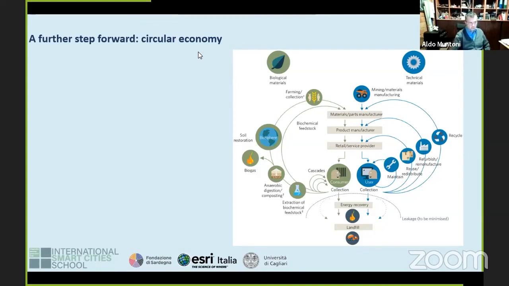So not small composters, but bigger composters, which may be used for big buildings. But I mean, it depends on the characteristics of the buildings and the characteristics of the part of the city where you want to do self-composting. But self-composting is a good solution. Of course, you cannot recover the energy. With self-composting, you recover only compost. Compost is a poor product, but it is useful for your own needs. You cannot sell it.